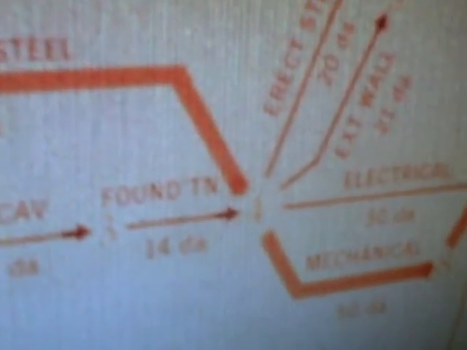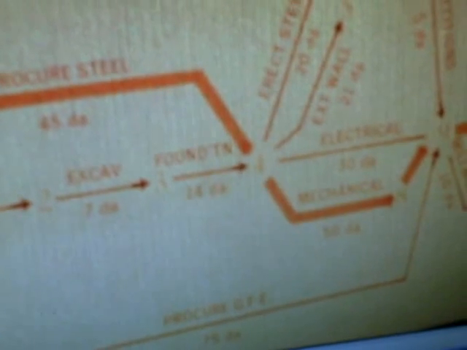The excavation takes 7 days, and the foundation takes 14 days. At that point, you see a node right here, which is what we call an event. This is an AON diagram, and AON diagrams, in my opinion, are better ways to show a project's general overall plan.